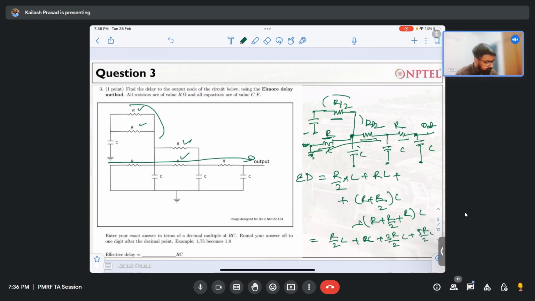If you add all of this, let me check if I have done everything correctly.